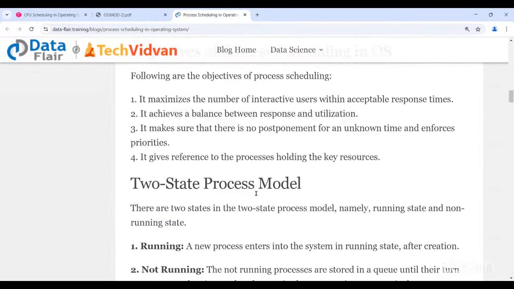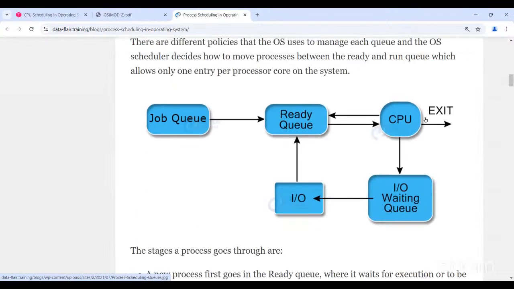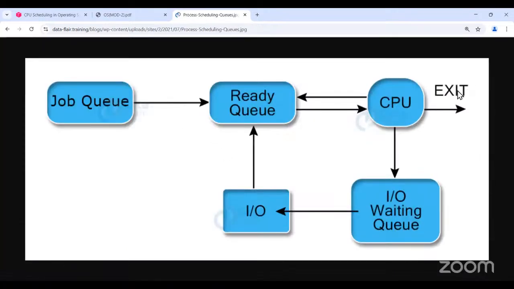Okay. Now this is about the process scheduling. The process scheduling will have stages like this: job queue, ready queue, CPU.